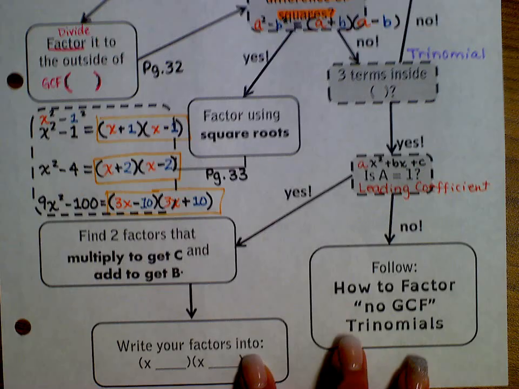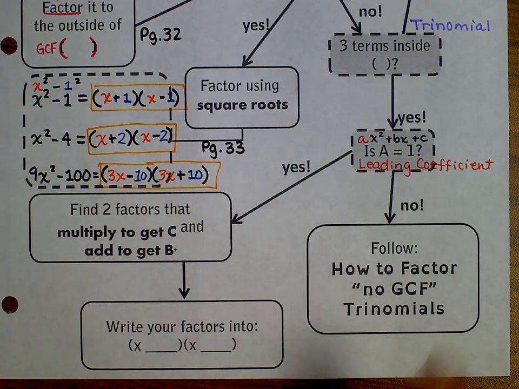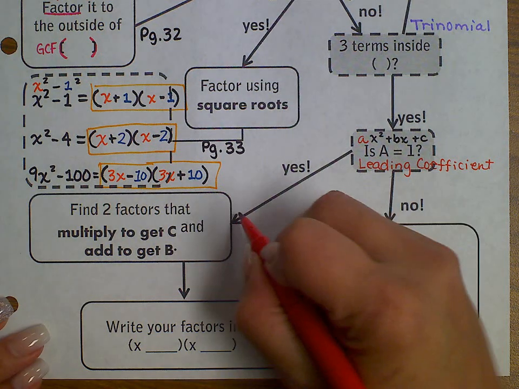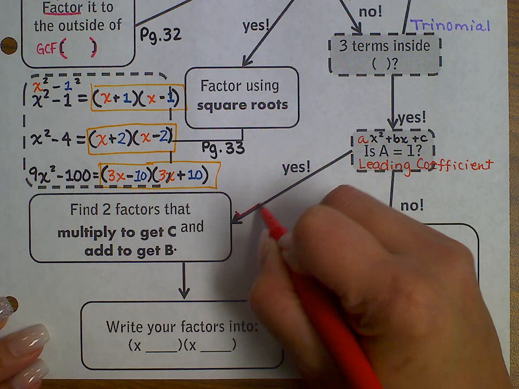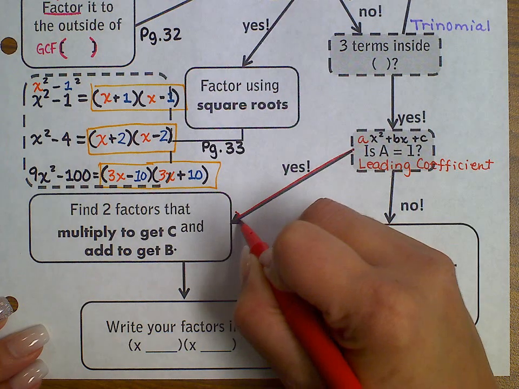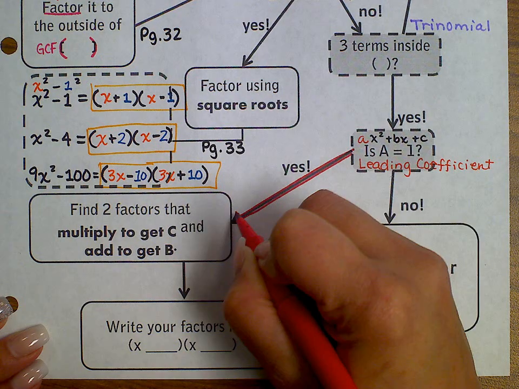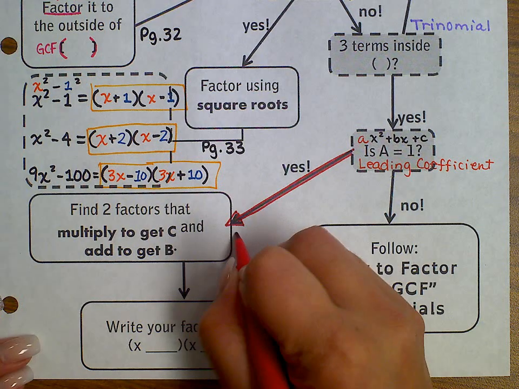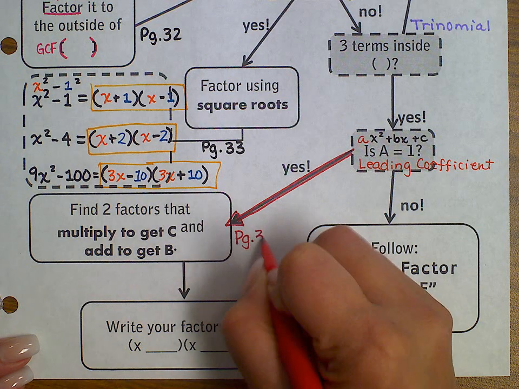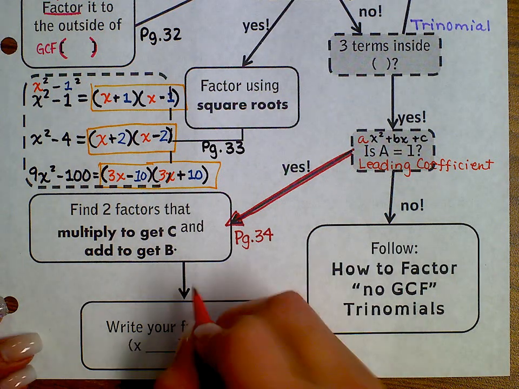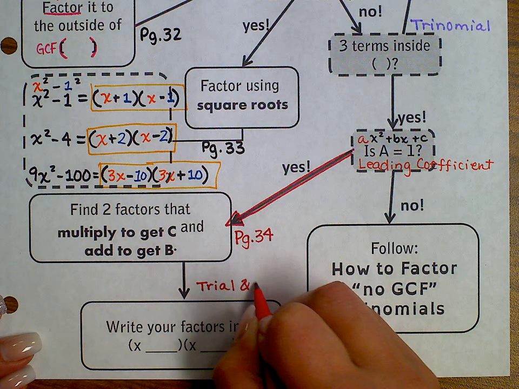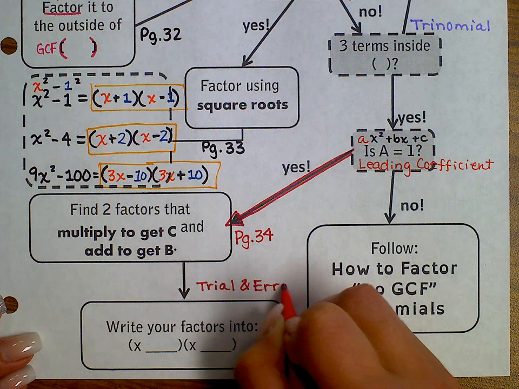Now, the reason I want to know about my leading coefficient is because if my leading coefficient is 1, then I want you to refer to page 34, which was called Trial and Error.